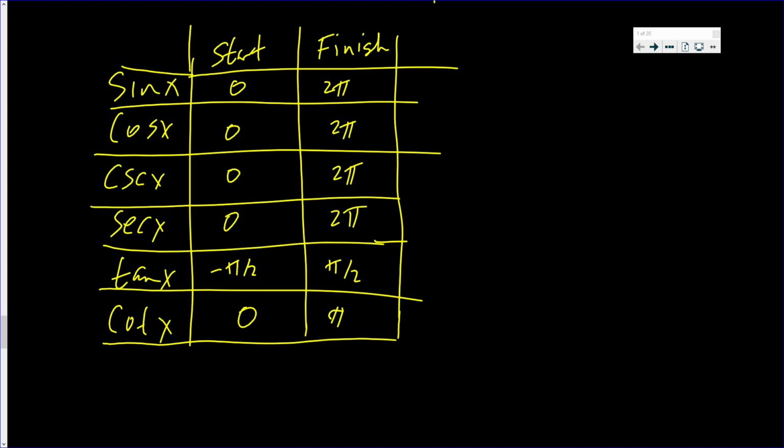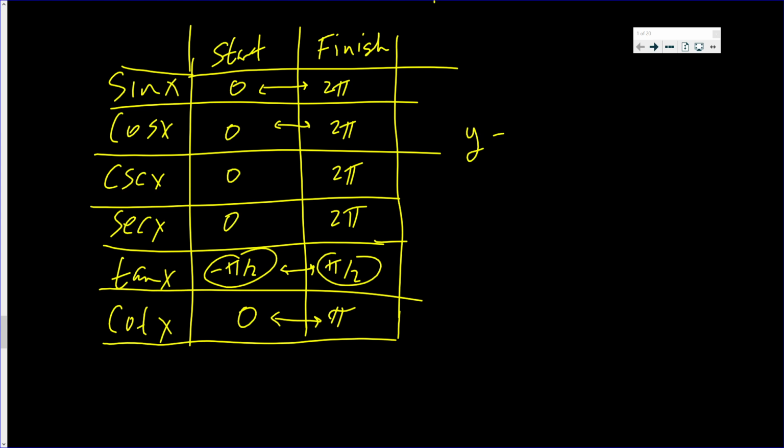Starts at 0, finishes at pi. The one thing that they do have in common is that the distance is pi. One period is pi. And for the record, the other 4, the periods are 2 pi. If you're going to learn it the way that I just presented it, you should know this table. If you don't know the table, it's going to be hard.